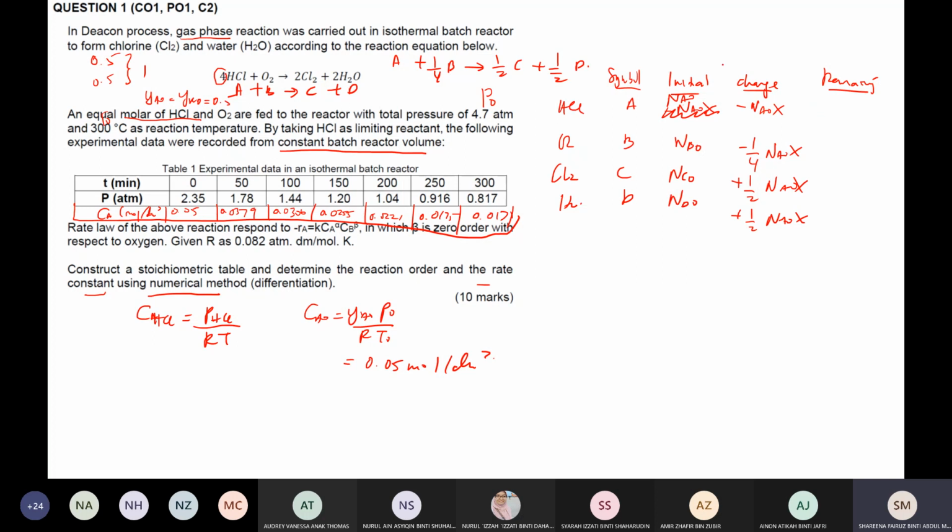Kalau concentration sekarang V is equal to V0. Okay, so contohnya we have Na is equal to Na0 minus with the Na0 X. Okay, so nak dapatkan C, sekarang C is equal to N over V. Okay, so bahagikanlah this one with the V0, so you akan dapat Ca equal to Ca0 minus with the Ca0 X. Okay, so daripada situlah.